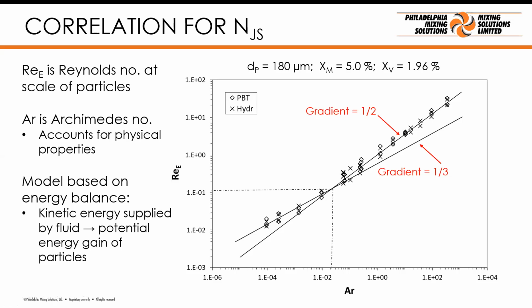And what we see is when we do the regression on the data in the different regions, we do indeed get a gradient of 1/2 for high Archimedes number and a gradient of 1/3 for low Archimedes number. So this isn't just simply a regression fit. We're starting from the physics. And so it gives us a lot of confidence to use this approach for scale up.